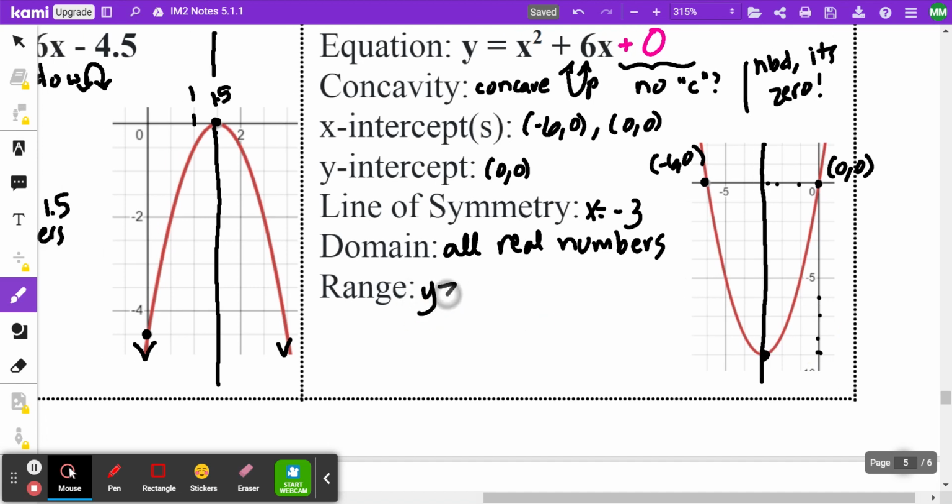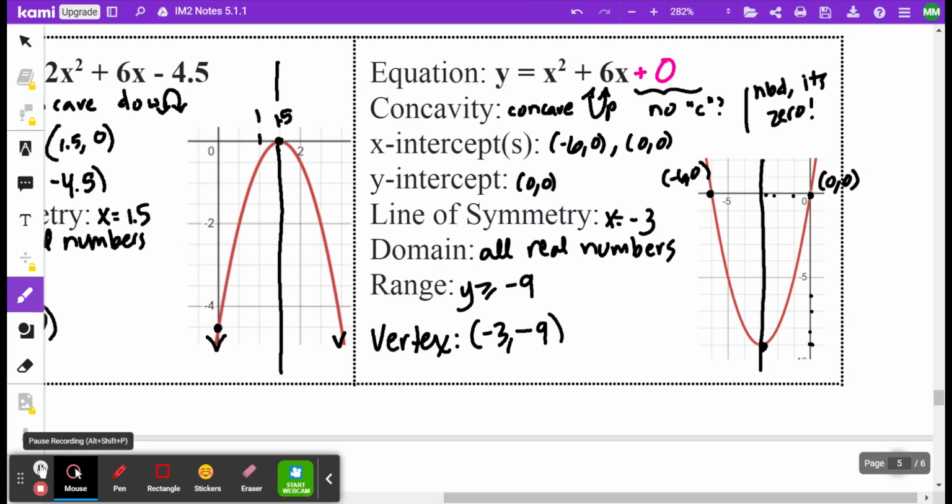Y is greater than or equal to negative 9. And we can't forget the vertex, which is negative 3, negative 9. Great. So now I will go ahead and do some of those presentations for you.